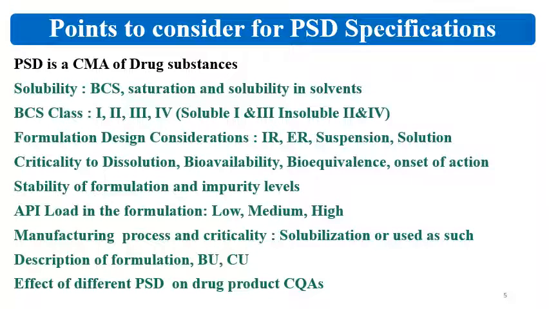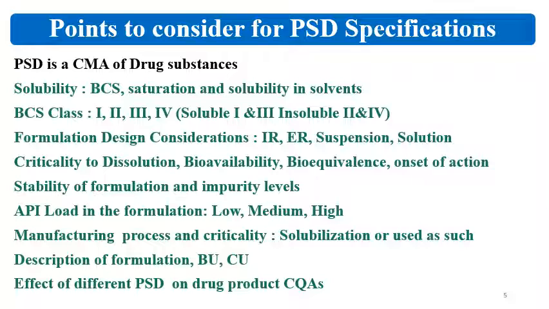So also you should consider the API load in the formulation, whether your formulation contains low API load, medium API load, or high API load. For example, you are making a tablet of 1 mg API and the tablet weight is 100 mg. So it is a low dose type formulation.